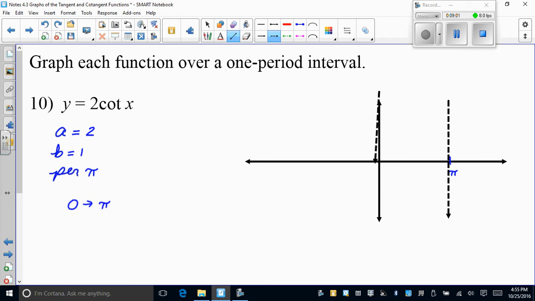And there's the other one. Okay. So this is the part that we're graphing. Our halfway point is going to be pi/2. And then we throw in our quarter points. Notice I have 1, 2, 3, 4 sections in here.